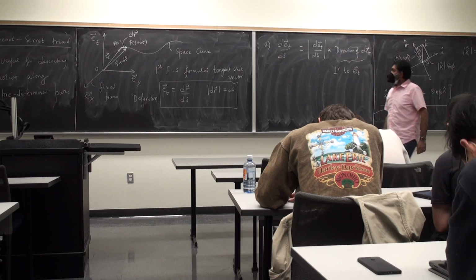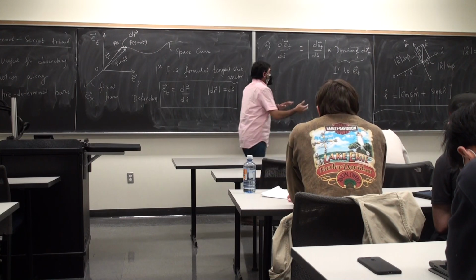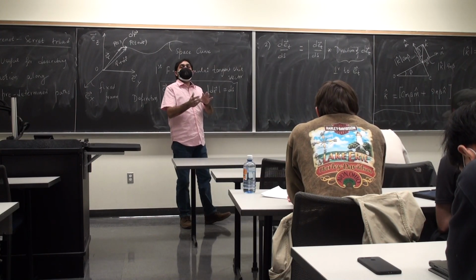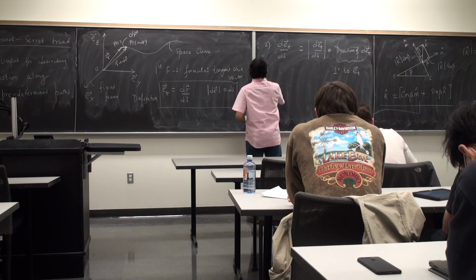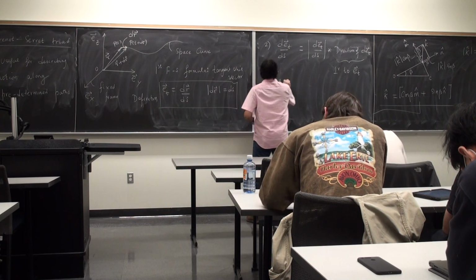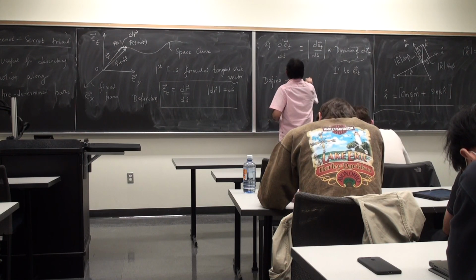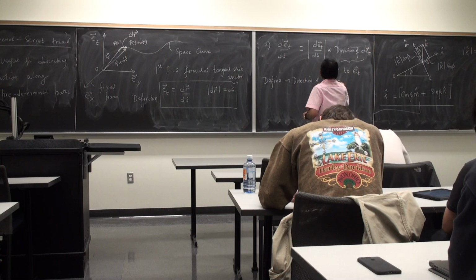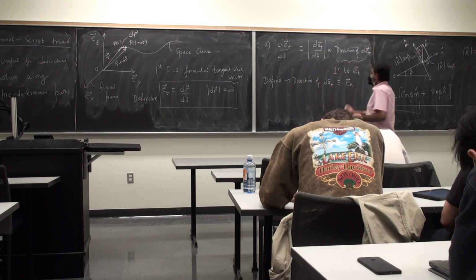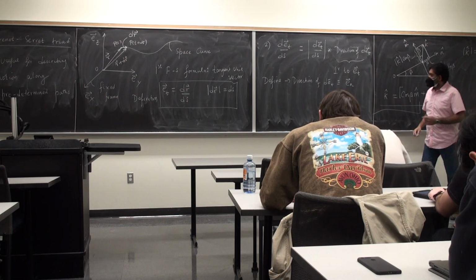And I'm going to call that direction perpendicular to ET, define it as the second direction, the normal direction, as En, so this is the normal unit vector.